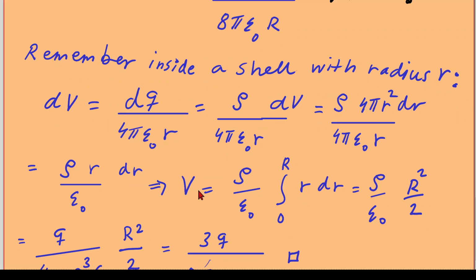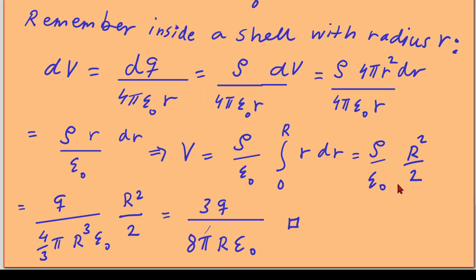And now we sum them up. Rho over epsilon naught is a constant, so break that out of the integral. Summing them up is the same thing as integrating from 0 to R. All shells between 0 and R we sum up by integrating, and then you get this result. We already know rho is the total Q over the total volume.